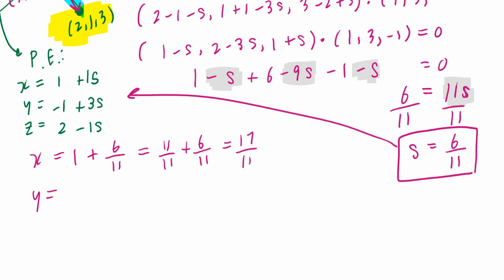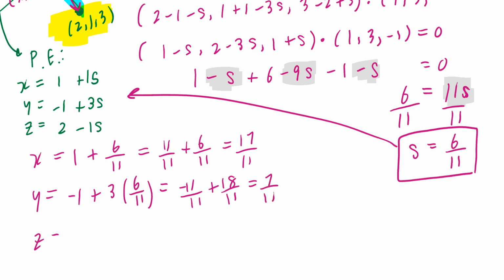Likewise, if I look at the second case, negative 1 plus 3s becomes negative 1 plus 3 times 6 divided by 11. That's going to be negative 1, which is the same as negative 11 over 11 plus 18 over 11. That's going to be 7 over 11.